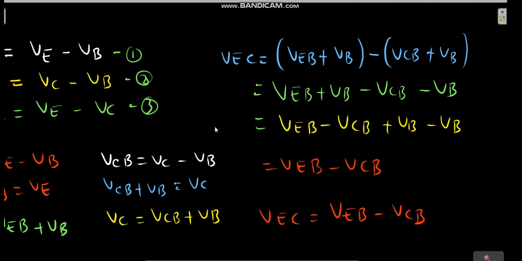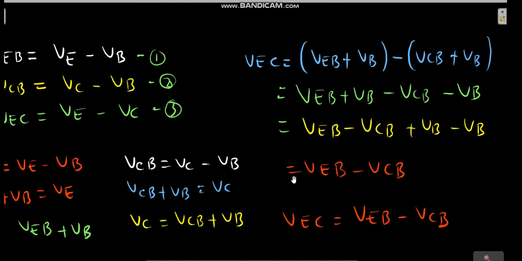Okay, so this is how to simplify the third equation that we have here. So this is how the transistor works when it is in saturation mode for the PNP transistor. So now let's go ahead and look at the NPN transistor also.